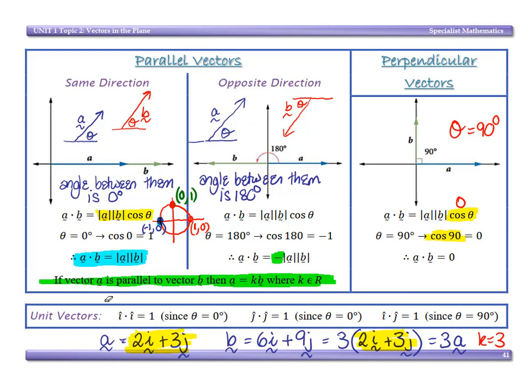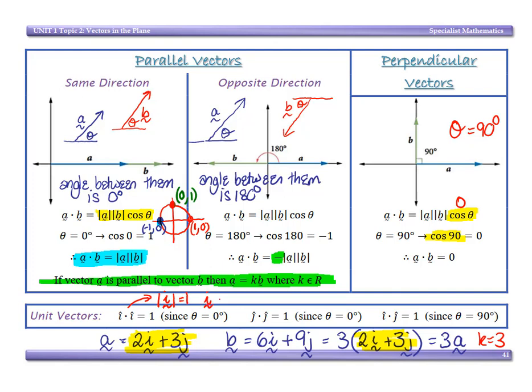Now for our unit vectors, the dot product between two unit vectors has to be 1. And that's because the angle is 0. So for our unit vectors, the magnitude of a unit vector is 1.